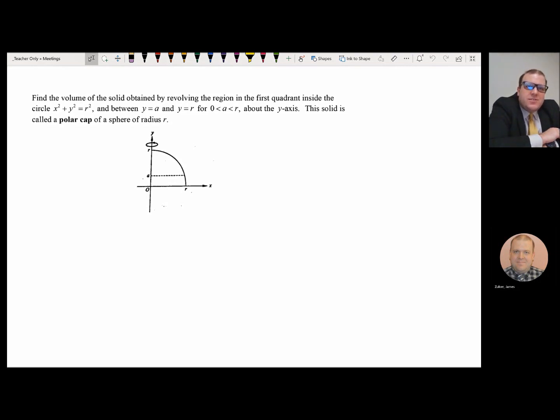Vertical axis seems to suggest to use shell method. There is a problem if we do shell method. It's not really a problem. We're going to have to do a difference.